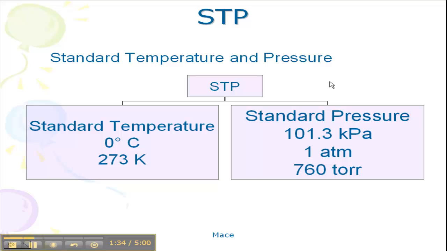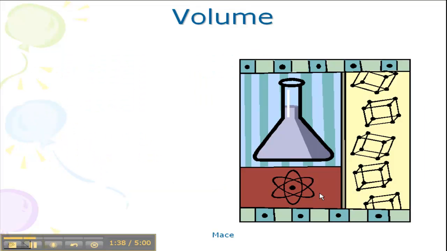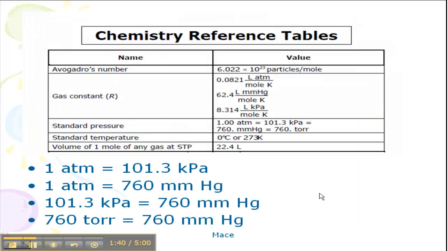Now all of this is on that first page of your reference packet. So I'm going to go back to that screen right here. Standard pressure, standard temperature, volume of 1 mole at STP. So it is all right here in your reference packet.